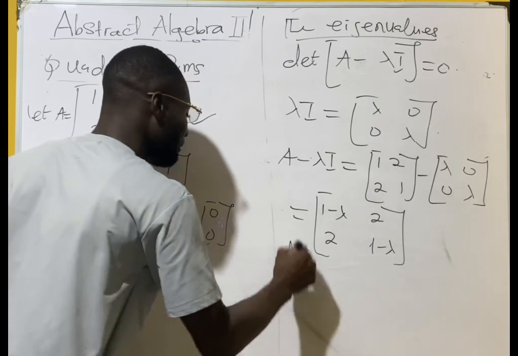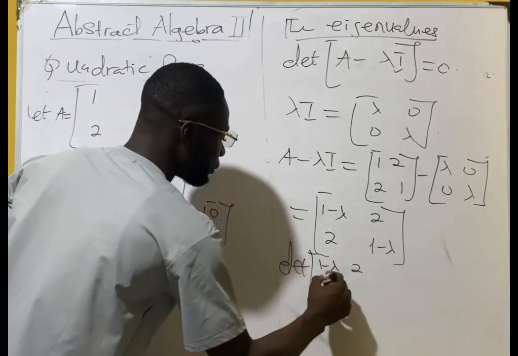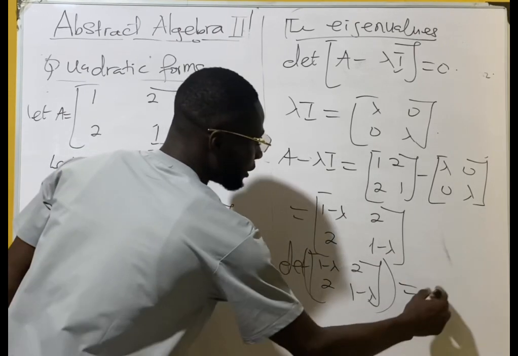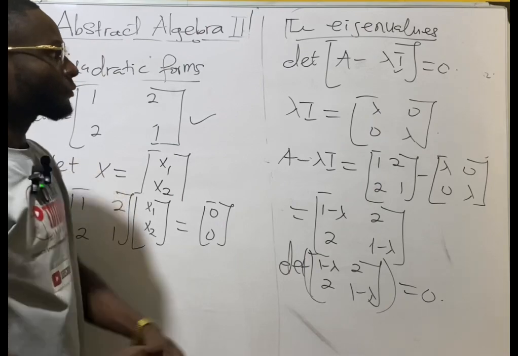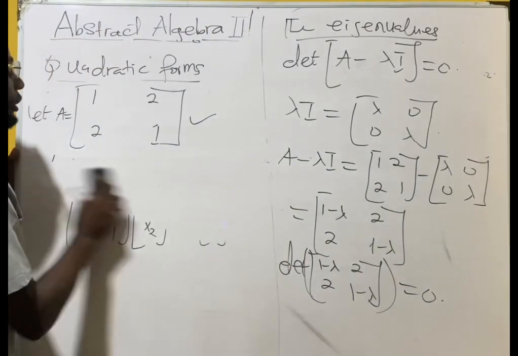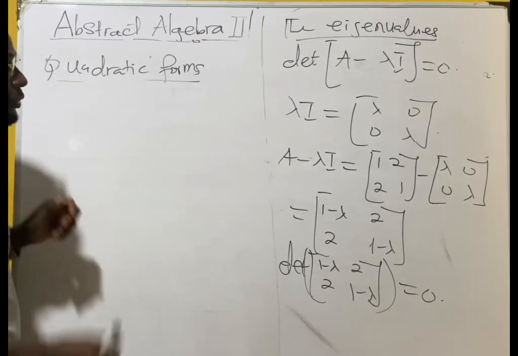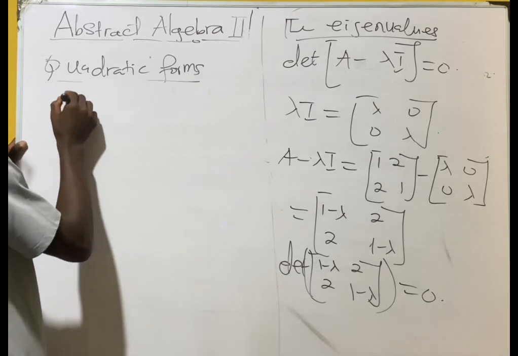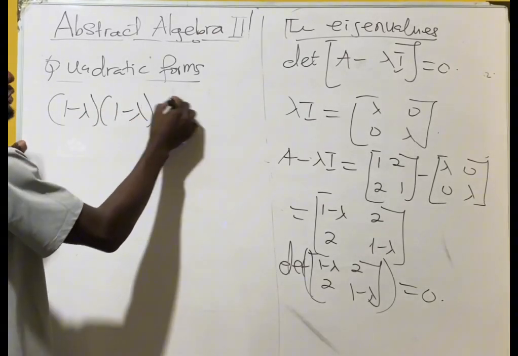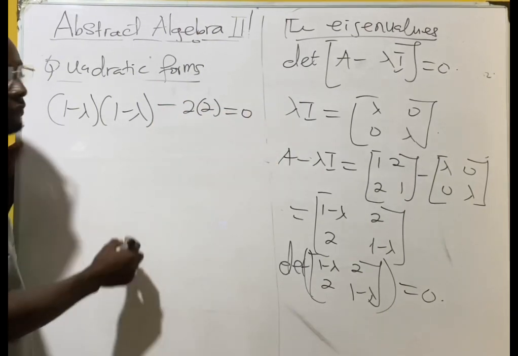So finding the determinant of that, we have 1 minus lambda, 2, 2, 1 minus lambda, and this should be equal to 0. So we say that (1 minus lambda) times (1 minus lambda) minus 2 times 2 should be equal to 0.